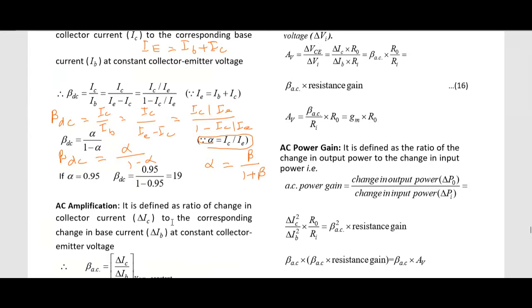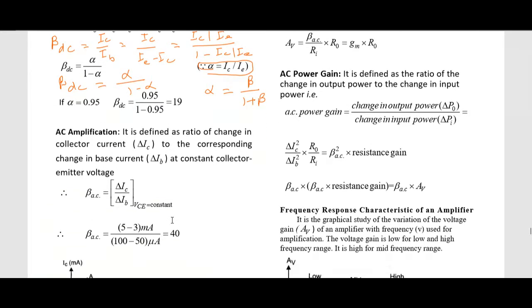Now, let us look at AC amplification. AC amplification, obviously, this is delta IC divided by delta IB. Now, the voltage which is kept constant is the collector voltage, VCE.